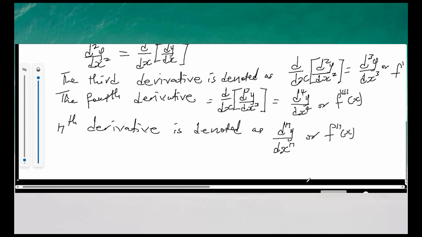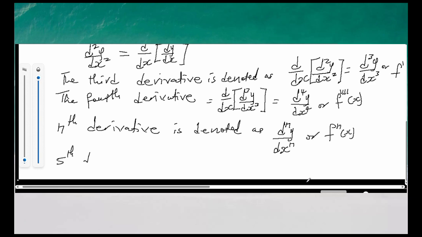But note, if you're writing it as a function, then your n, they're going to be primes, right? So you're not going to write, probably if you're talking of the fifth derivative, you're not going to write 5 here. You're going to write 5 what? Primes.